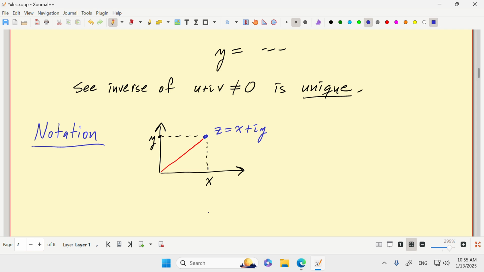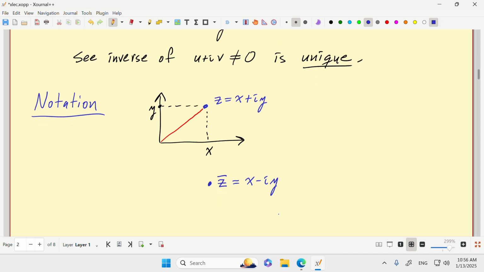There's going to be a point that we'll use quite often called z bar, the conjugate of z. That's x minus iy. You get that by reflecting about the x-axis. That's the conjugate of z. This red line here is called the modulus of z, and it's that length.